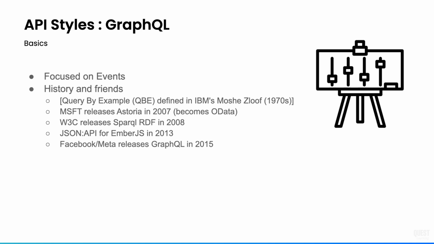The W3C released another query by example type system, SPARQL RDF, in 2008, very close to the same time frame. And then it wasn't until 2013 when there was a new wave. There was a thing called JSON API for Ember.js front ends, which used query by example and data queries as the functional interaction. And Facebook, now known as Meta, released GraphQL in 2015. So it's been around quite a while.